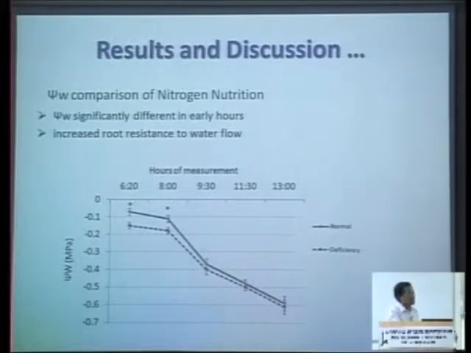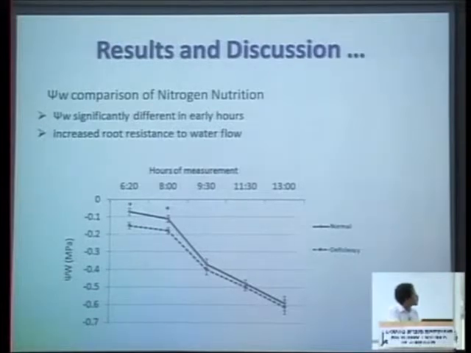You can see that there is a significant difference between water potentials of the two treatments in the morning, especially until around 8 o'clock. And when you observe the plants normally, there was a lot of guttation in the normal irrigation one, and there was not that much guttation, I can say, in the deficient one.